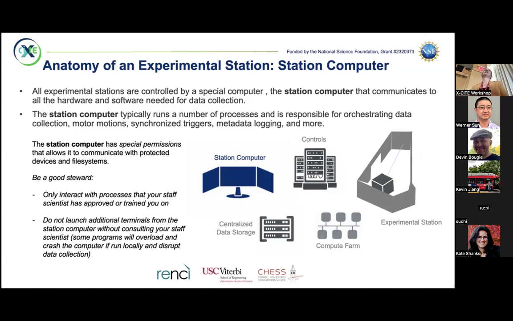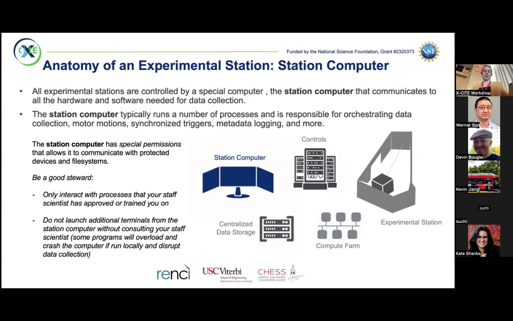It's really important to only interact with processes that your staff scientist has approved or trained you on. And something that you may not be aware of if you're not used to Linux systems or compute farms is that some of the processes that are going to be happening on your station computer are actually going to be launched from a different computer that is running that process, and it's only rendering the view on that station computer. And this is really important because if you then go to open, for instance, that GUI locally, one of the things that can happen is you can overwhelm the memory of your station computer and your whole control system can shut down.